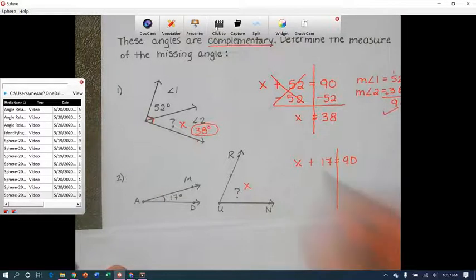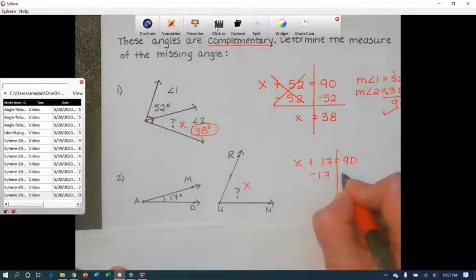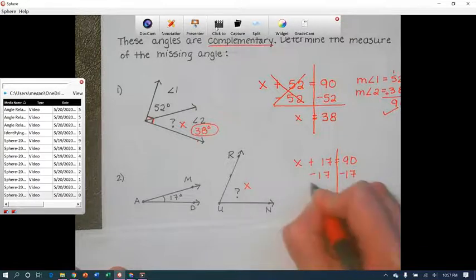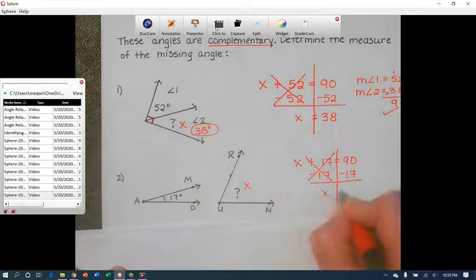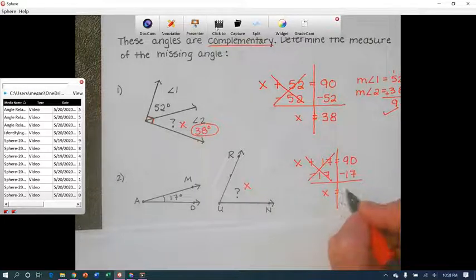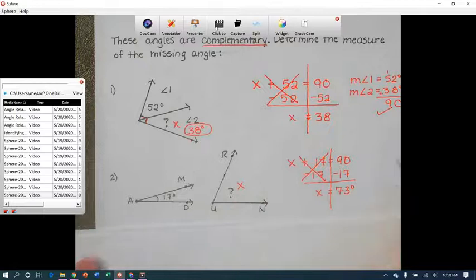Same thing, the inverse of adding 17 is to subtract 17. And so I'm left with x is equal to 90 minus 17, which is 73 degrees. Well, let's check actually first.